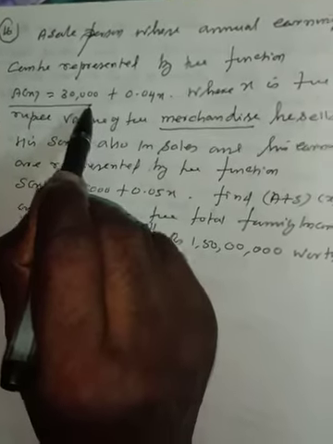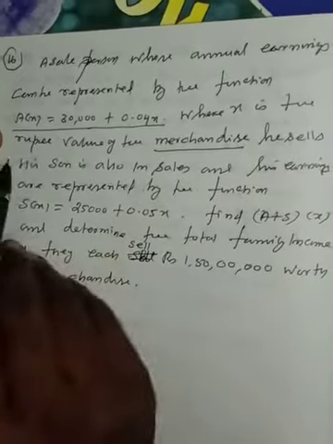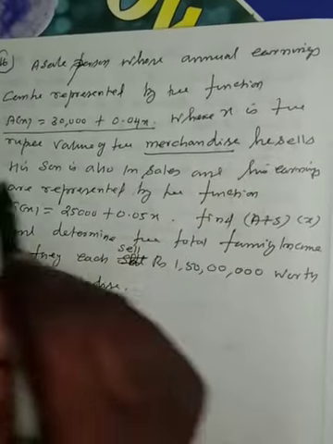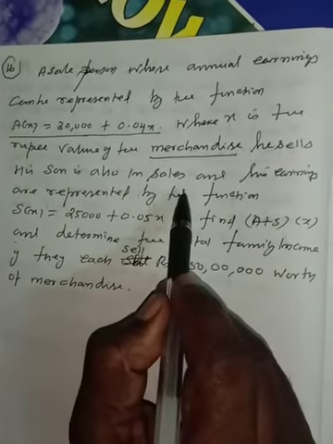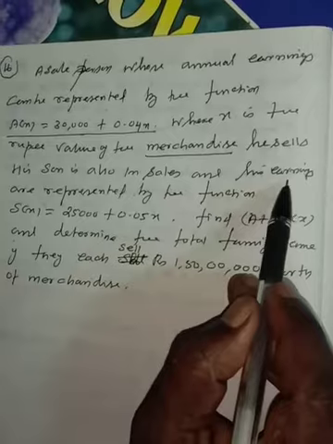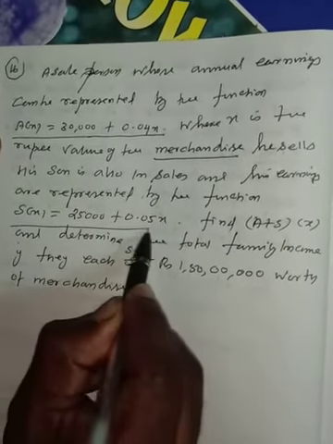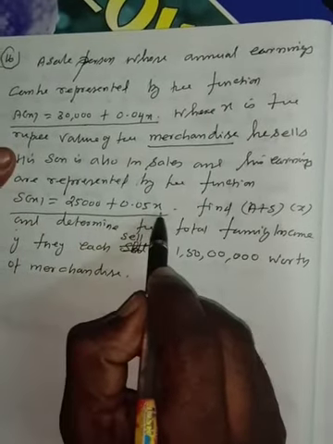A salesperson whose annual earnings can be represented by the function a of x is equal to 30,000 plus 0.04x, where x is the rupee value of merchandise he sells. His son is also a salesperson and his earnings are represented by the function s of x is equal to 25,000 plus 0.05x.